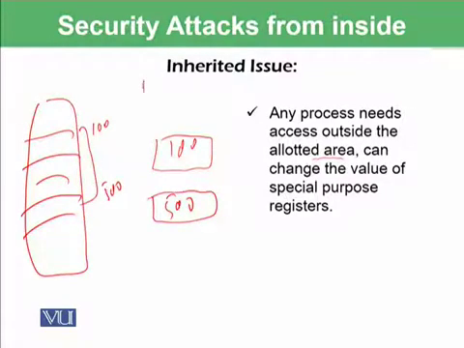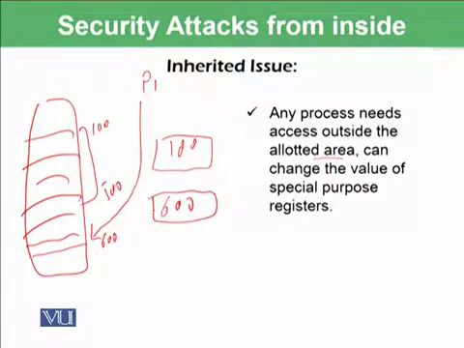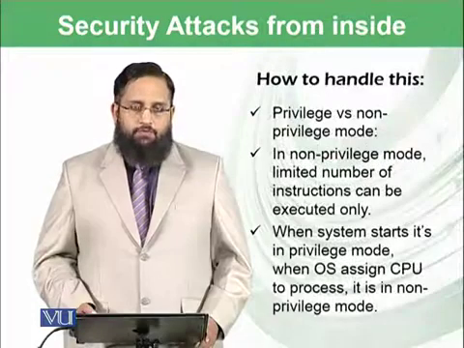So if process P1 comes and needs access somewhere at the location of 600, what it will do is change this address from 500 to 600. Such a trick can be done by a process which wants access to the area that is outside its memory. So how do we handle such a situation?